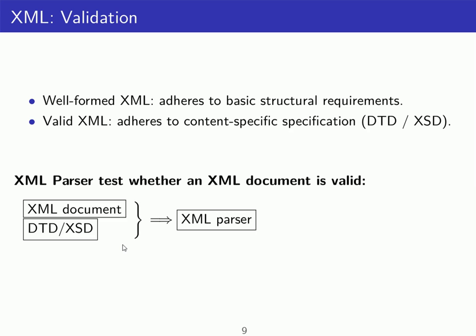And the parser will return two types of messages in two cases. If the document satisfies the DTD or XSD, the parser will return the parsed XML. Otherwise, it will return the errors for you to check. Let's see an example.